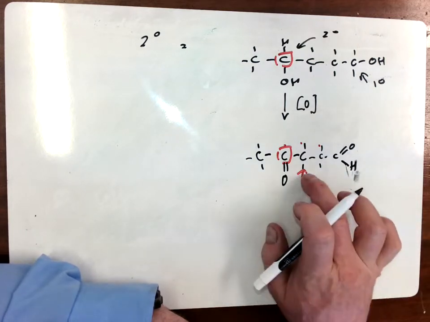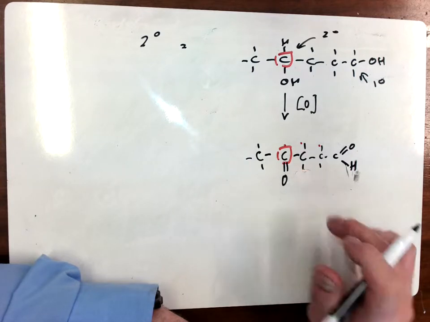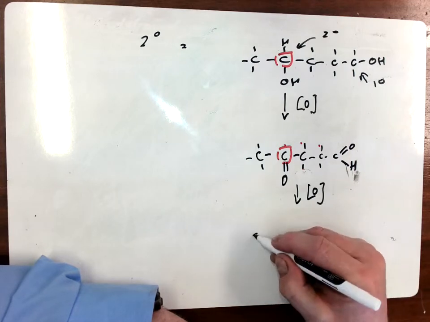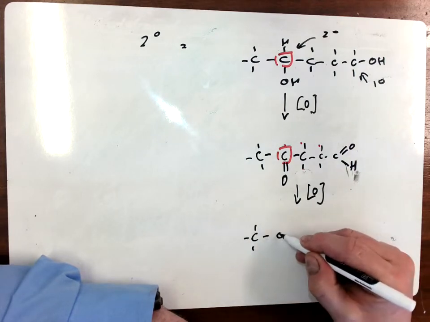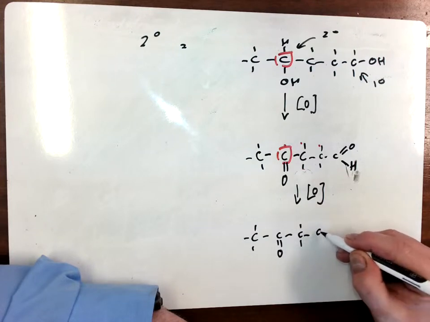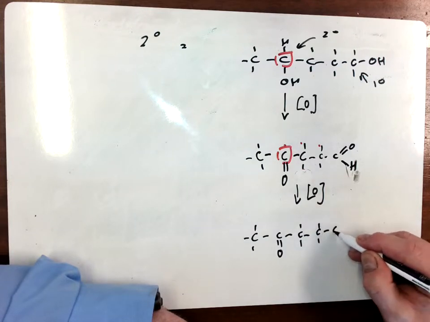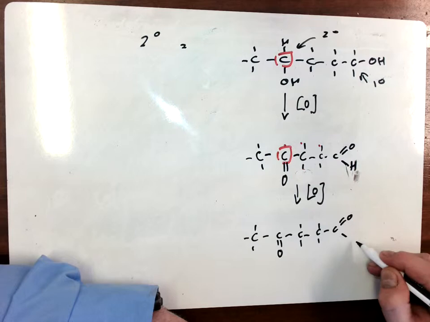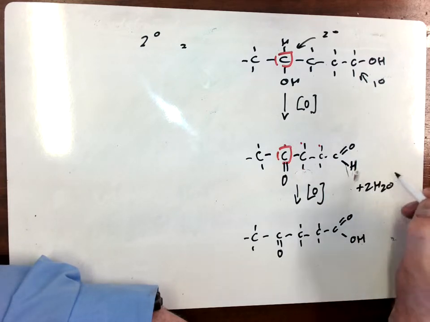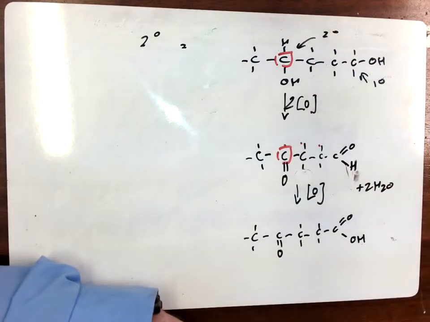Okay, and then if you did further oxidation on it, the ketone, if you remember, does not undergo further oxidation, whereas the aldehyde, as per the last slide, turns to that. Okay, so no water in this one here.